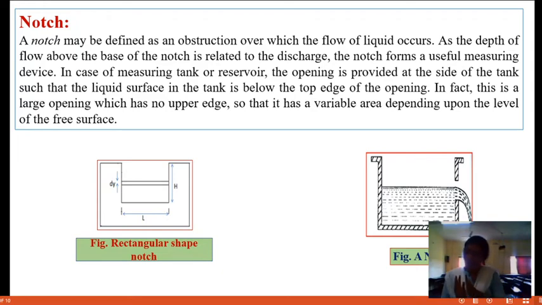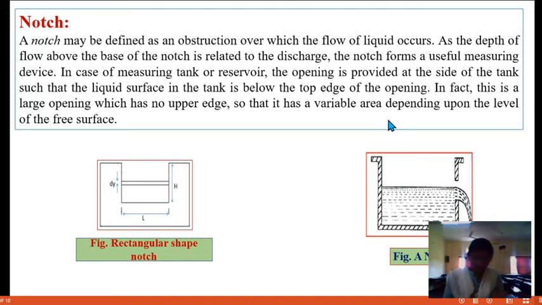So what does a notch actually mean? A notch is a small opening provided in a channel or stream for the purpose of passing water from one side to another, in order to find out the actual discharge at a particular section.